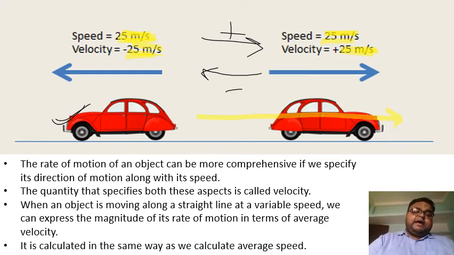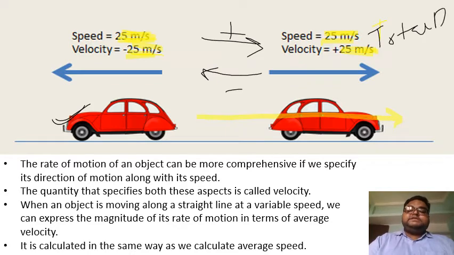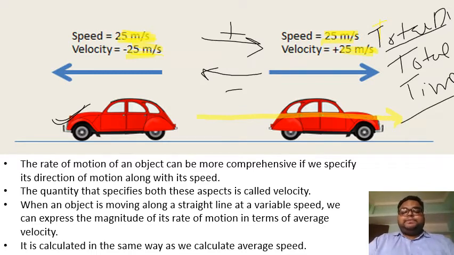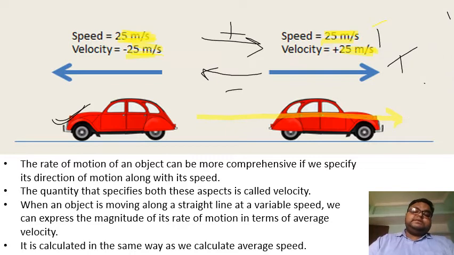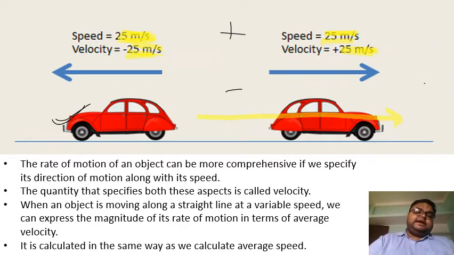We calculate it in the same way as we calculate average speed. So what will be the formula? The formula for average velocity will be total displacement divided by total time. Understood, students? Right. So now let's proceed ahead.